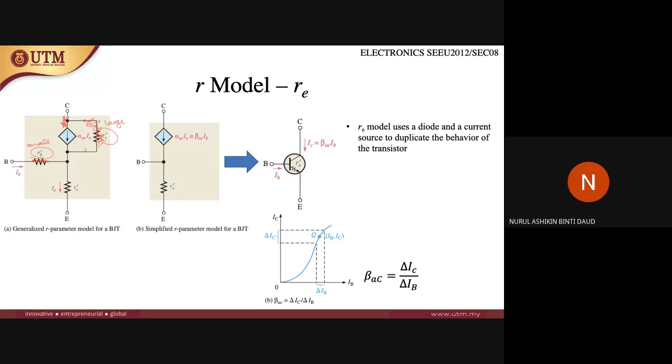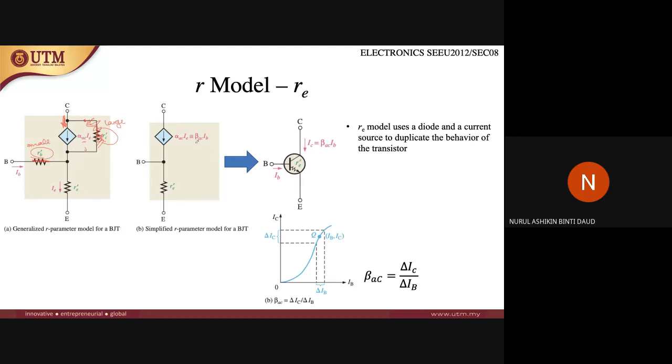And for the current flow at the collector, we can say that alpha AC, where AC represents AC currents, alpha AC IE is equal to IC. Alpha IE is equal to the current at the collector.